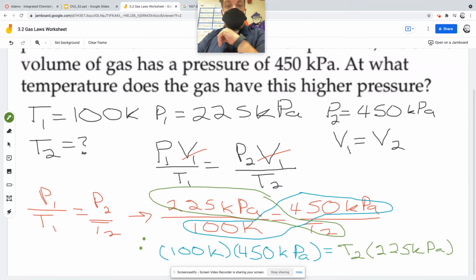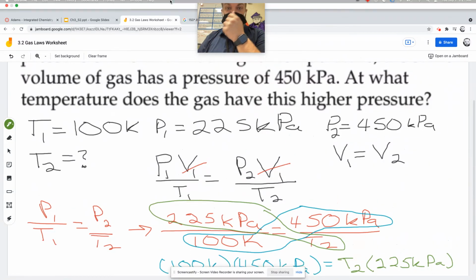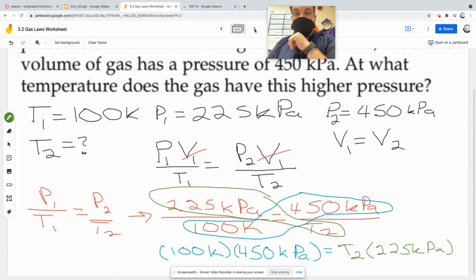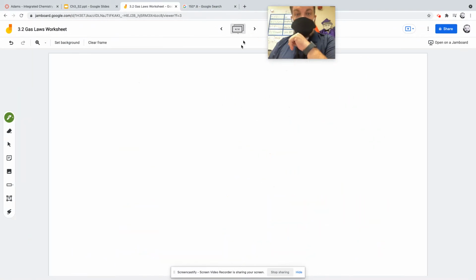I'm going to have to go to another slide because we're running out of space on this one. So if I rewrite that whole thing on this slide, I say 100 Kelvin times, what was it, 450 kilopascal?